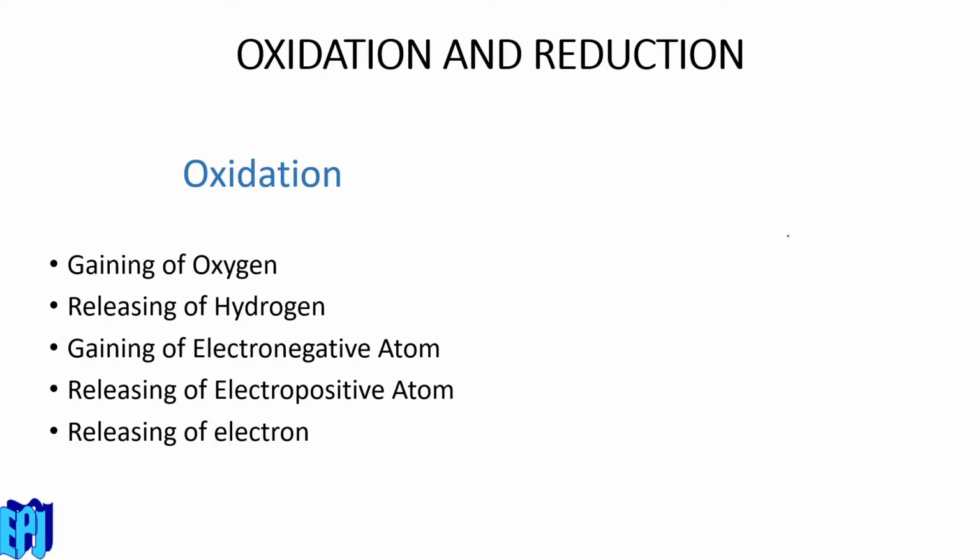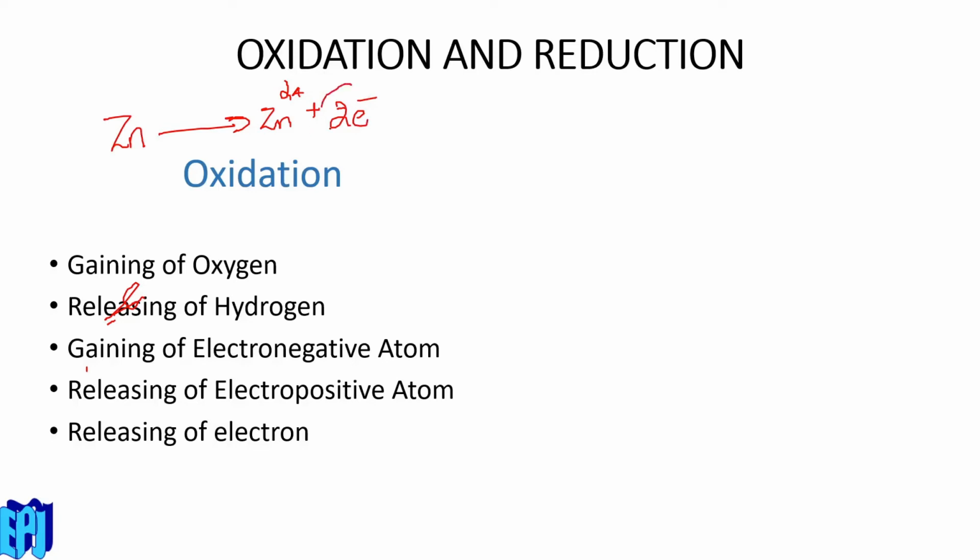And finally, the latest concept is releasing of electrons. If in a particular reaction some electrons are being released, we can say this is an oxidation reaction. For example, zinc gives Zn2+ plus 2 electrons.